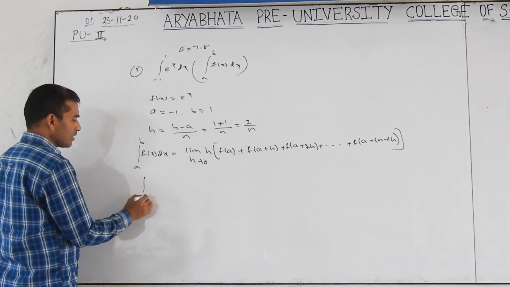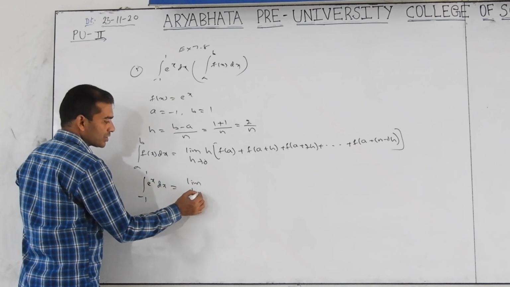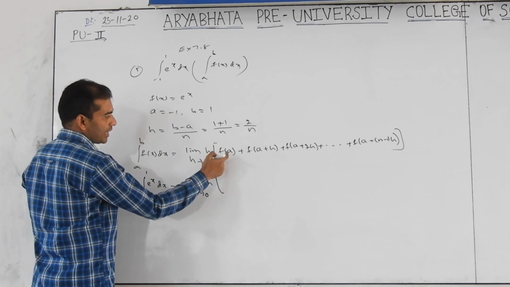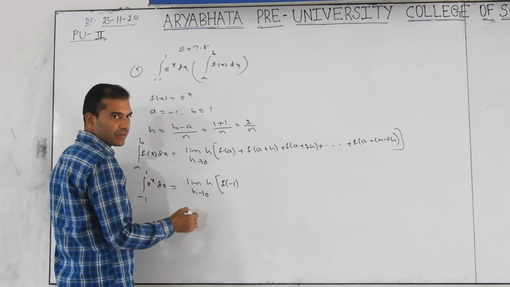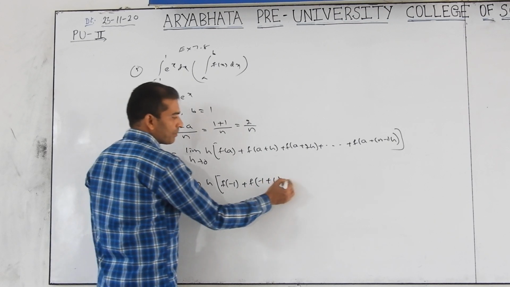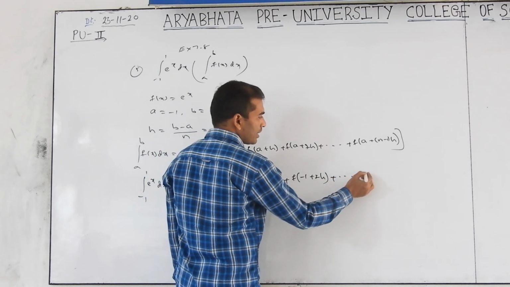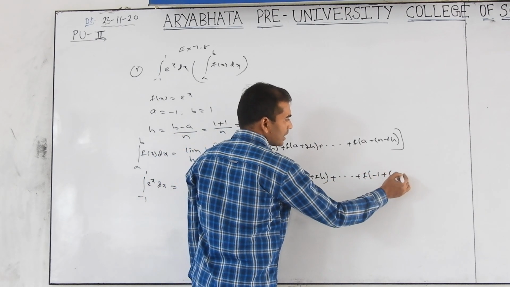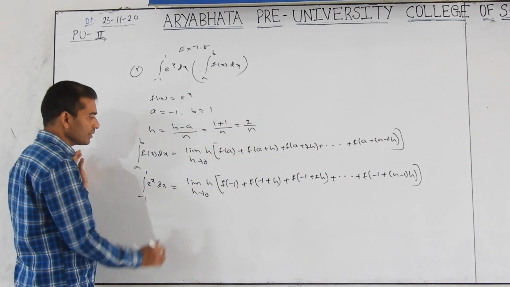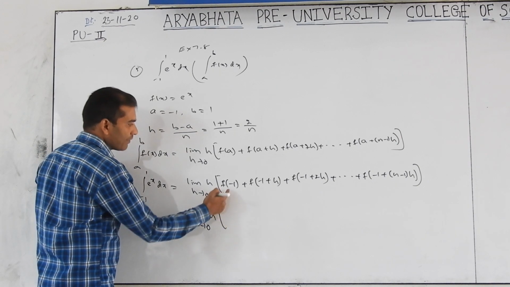Now we want the integration of -1 to 1 e power x dx. Limit of h tends to 0, h into f of minus 1 plus f of minus 1 plus h plus f of minus 1 plus 2h plus so on, f of minus 1 plus n minus 1 h.